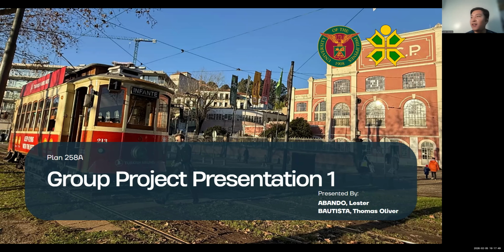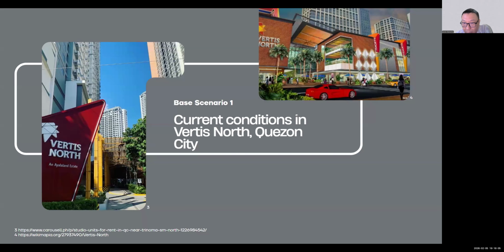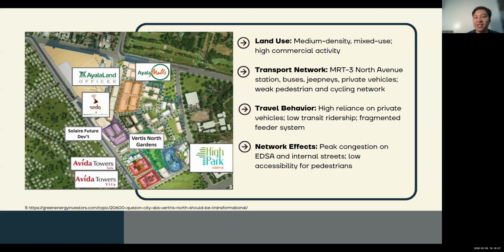Okay, cool. Do I need to repeat, sir? No, no, let's continue. So I'm discussing the current base scenario in Vertis North. Here are the current land use, the existing road network, and the observations specific to the existing transport network.